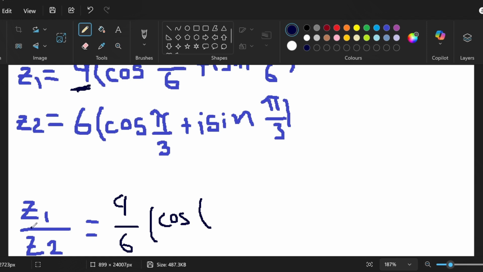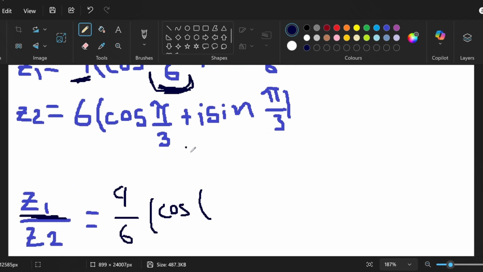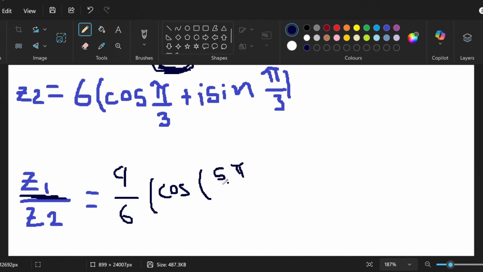So theta 1 is whatever number's on top. So it's this here, 5 pi over 6, minus theta 2, the argument of the number on bottom, so pi over 3.